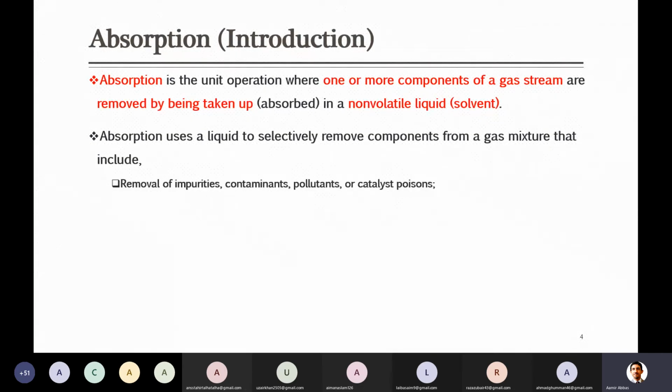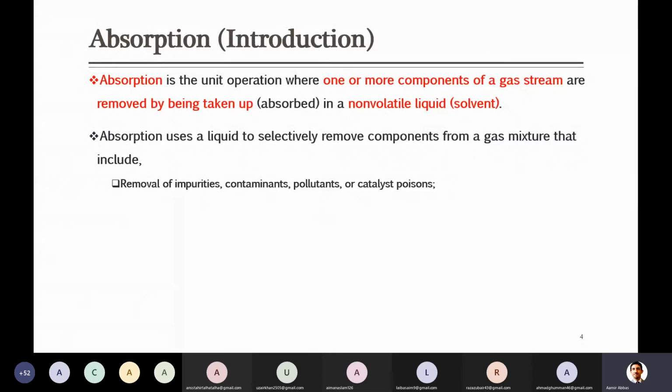Whenever you are using this technique, the purpose is to remove components from the gas stream. Which components do we have to remove? Especially the removal of impurities, contaminants, pollutants, or catalyst poison. All of these are impurities.